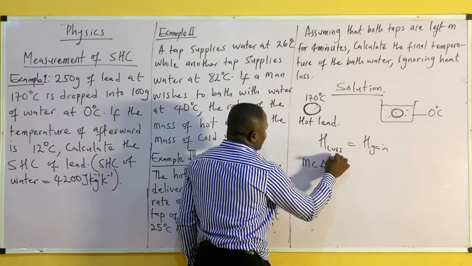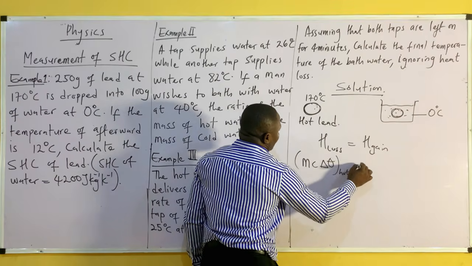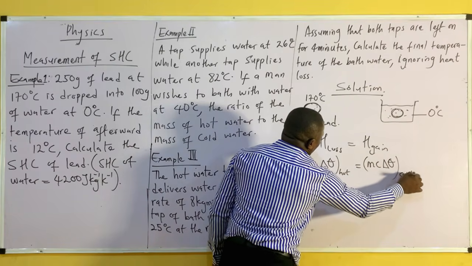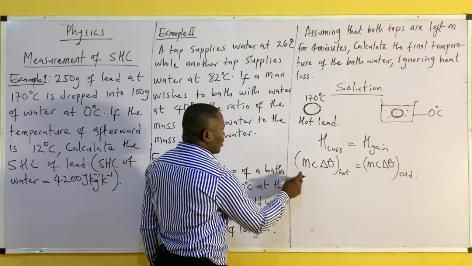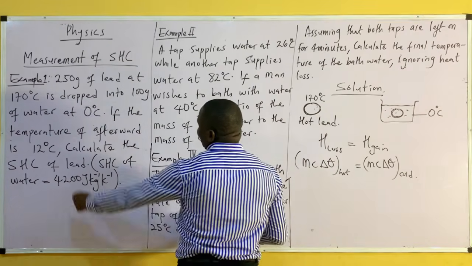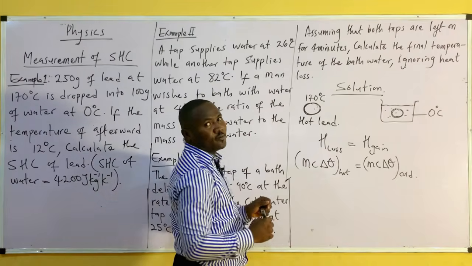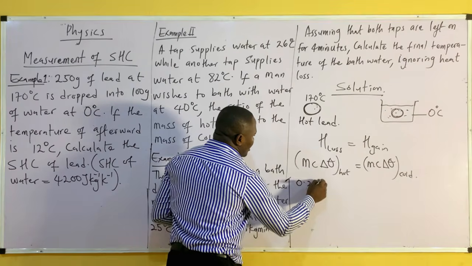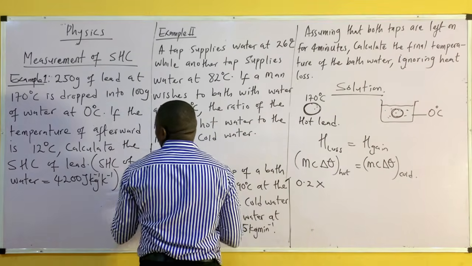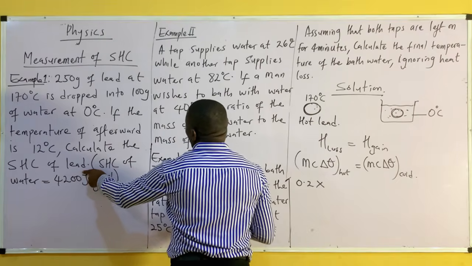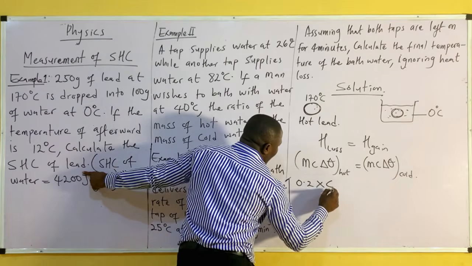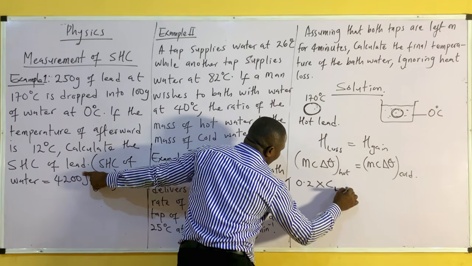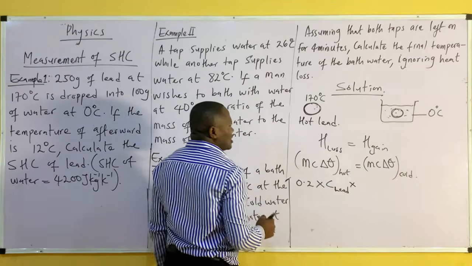Now it becomes mc change in theta of hot equals mc change in theta of cold. Now remember, it will become mass of lead. The mass of lead is 250 grams. Convert it to kilograms, it will be 0.25 kg times the specific heat capacity of lead, which is what we are calculating for, times the temperature change.